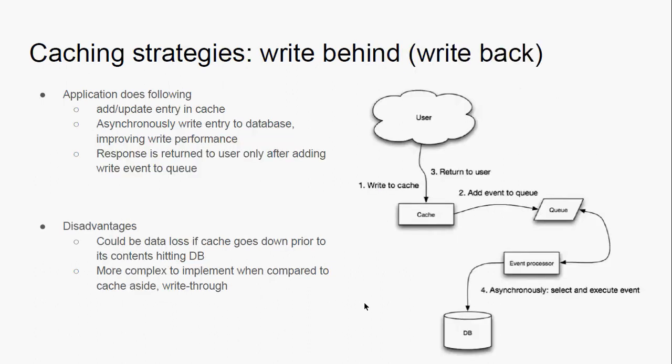Let's quickly get on to another technique, which is write behind. This is a little better technique than the previous one, write through. Why I say a little better is, as and when you write an entry to the cache, it will add an event to the queue.